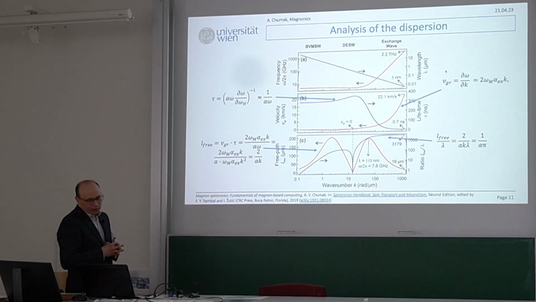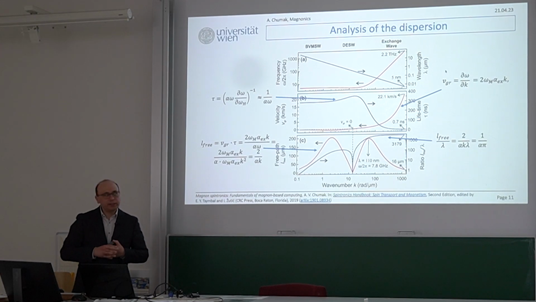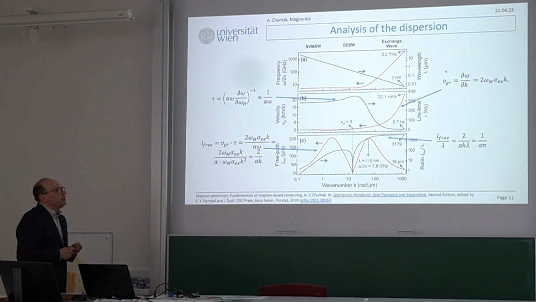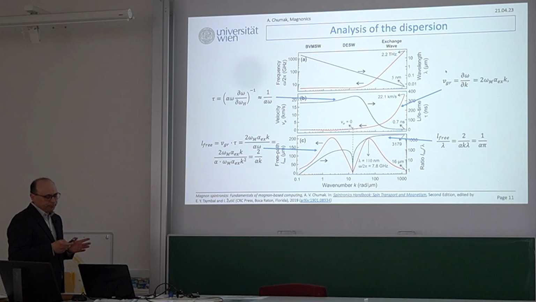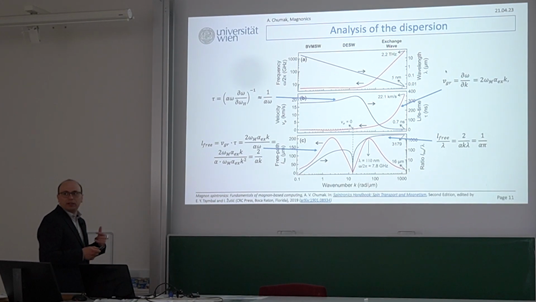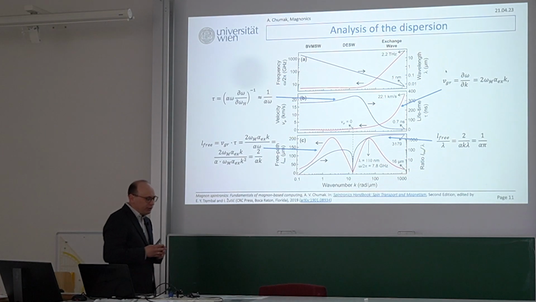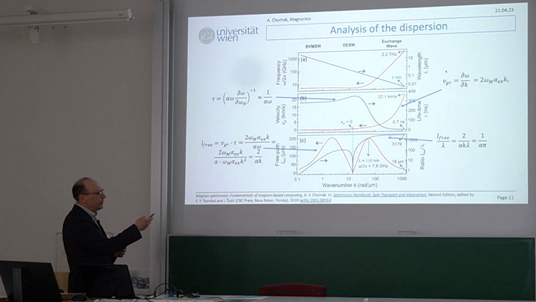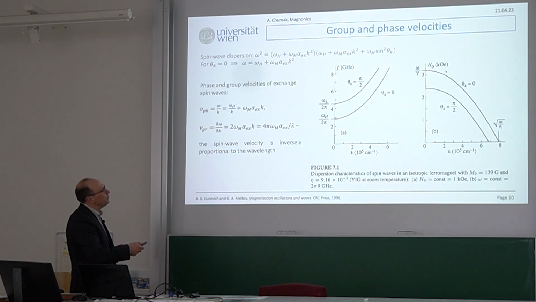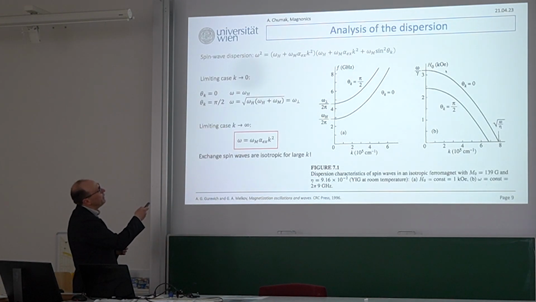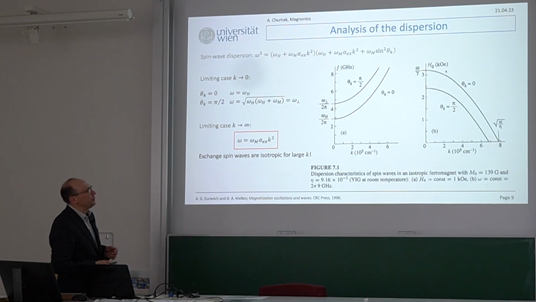Yeah, and this picture underlines this very nicely. Here is a very simple dispersion curve, calculated taking into account both dipolar and exchange energies. The exchange part is more or less described by the formula we obtained, so it will be very close.